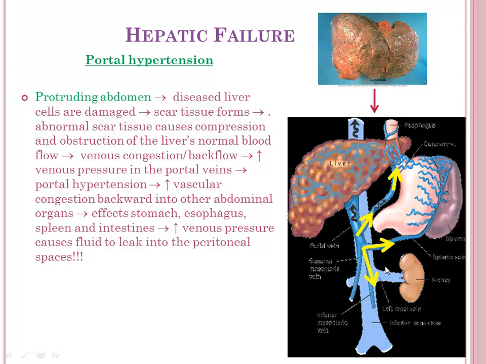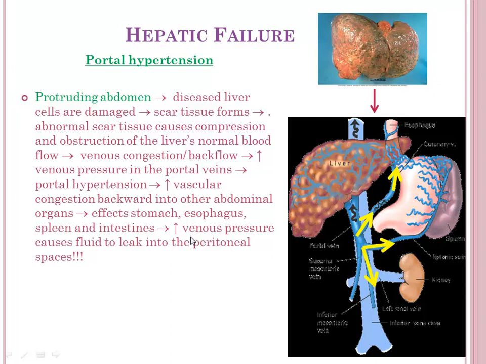Where backward? Into any of the abdominal organs, because all of the blood from these organs goes zooming through the liver on its way back to the right side of the heart. What it affects the most is the stomach, the esophagus, and the spleen. These are where we get the most signs and symptoms from.